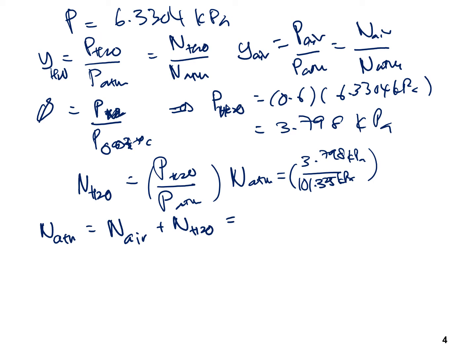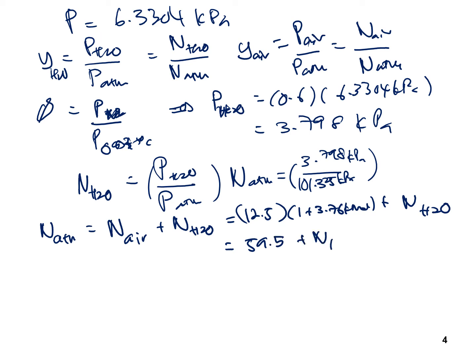The dry air is 12.5 times O2 plus N2, which is 1 plus 3.76 kilomole, which is 59.5, plus N H2O.